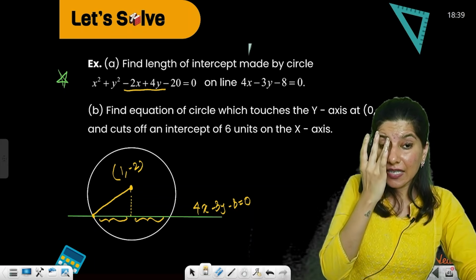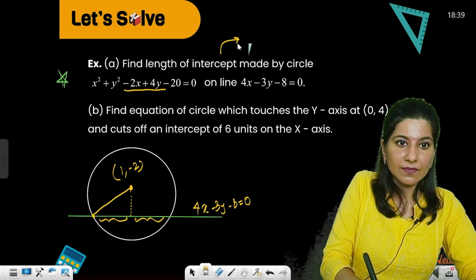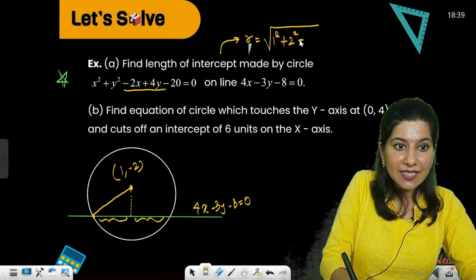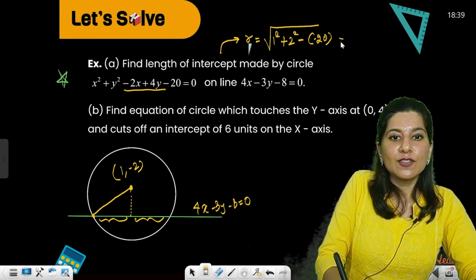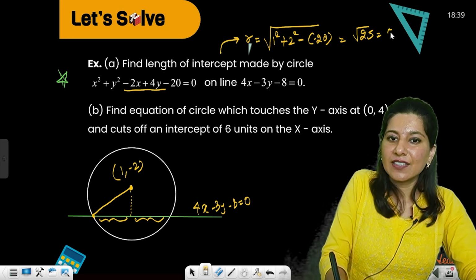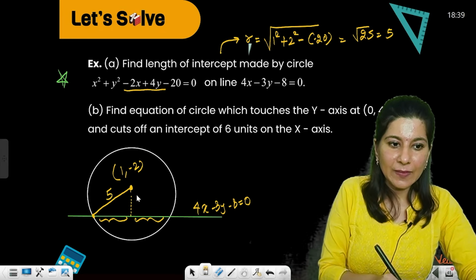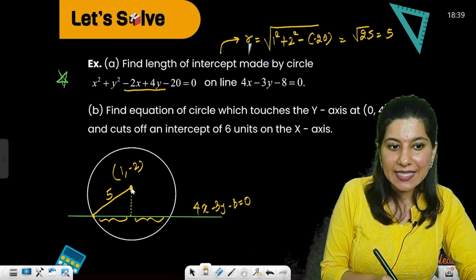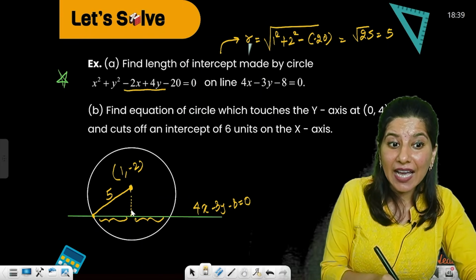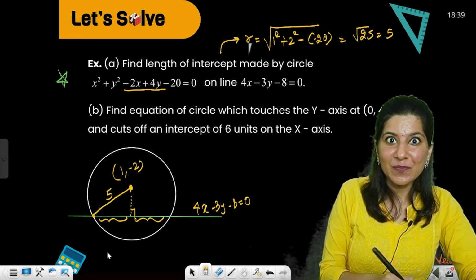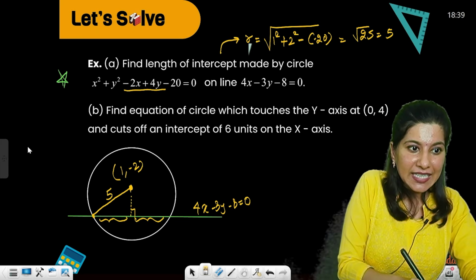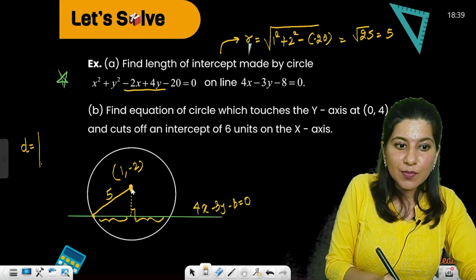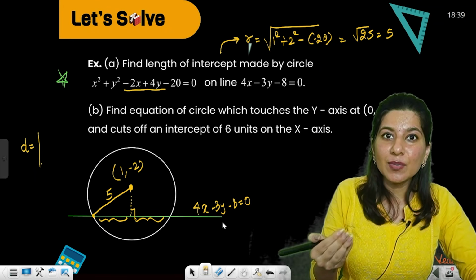Okay, radius in this case will be R equals square root of 1 square plus 2 square minus of minus 20. So this is root 25, 5. 5 is the radius. Okay. One more thing, intercept we don't know, but can we know the distance between a point and a line? Line is already given, right? You know that. Okay, so D over here will be mod of, so you have to put this point in the line. How do you calculate the distance between a point and a line?